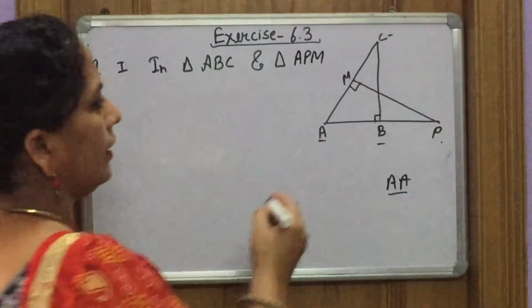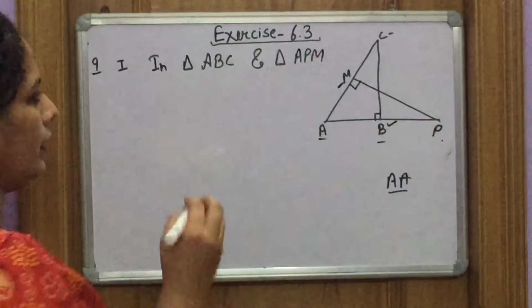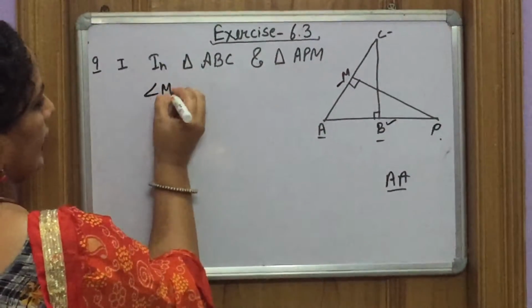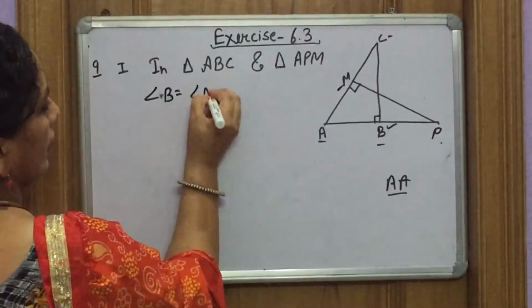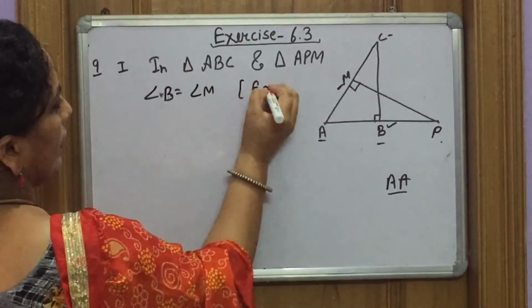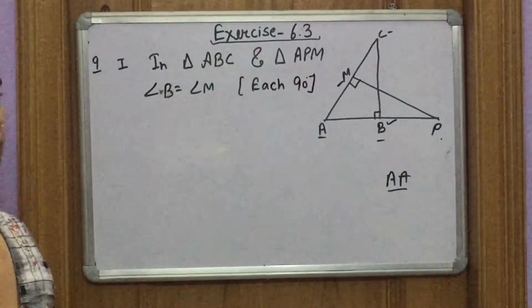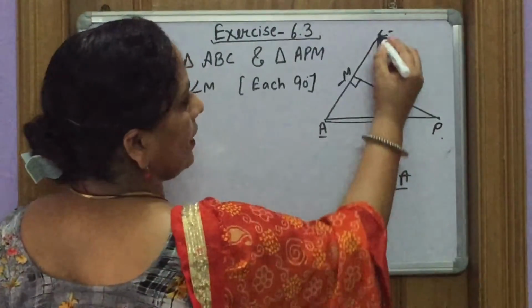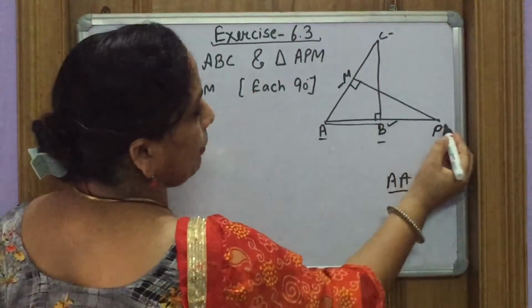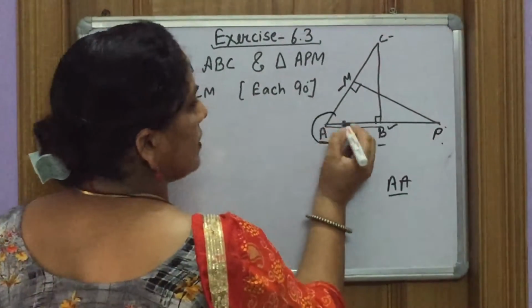In both of the triangles, one angle is equal to 90 degree. So we can say that angle B and angle M are equal because each is equal to 90 degree. Second is, first angle is ABC and second one is APM. In both of the triangles, angle A is common.